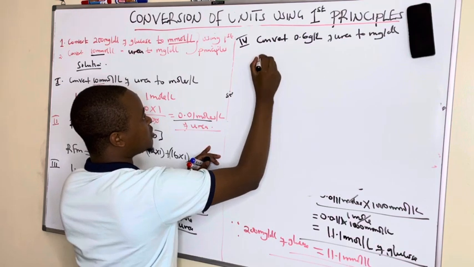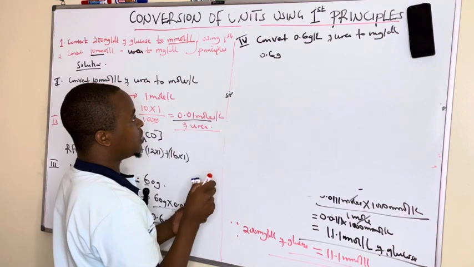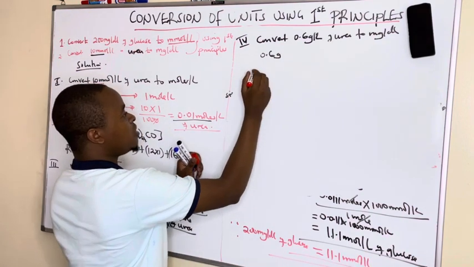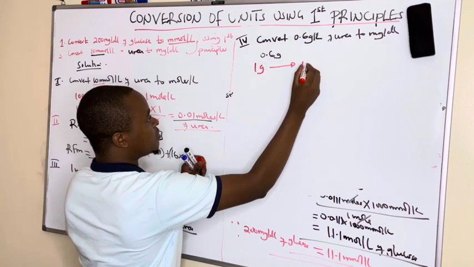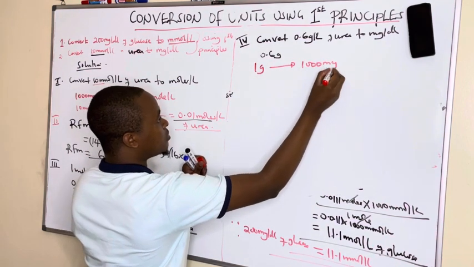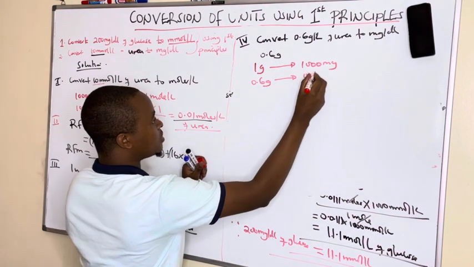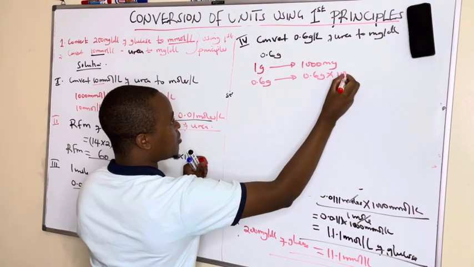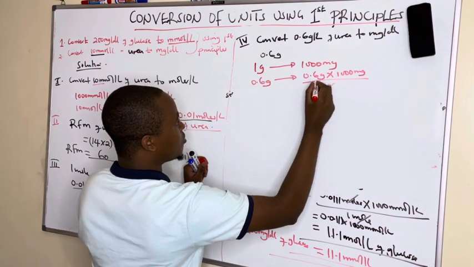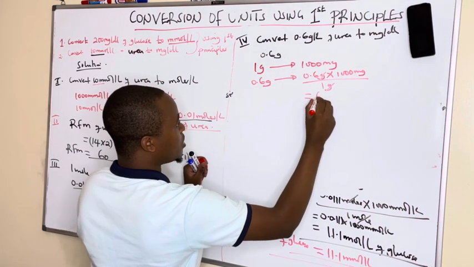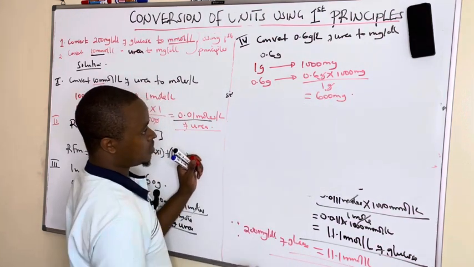We first convert 0.6 grams, and since we have grams, we begin with grams, and 1 gram is equivalent to 1,000 milligrams. What about 0.6 grams? It will be equivalent to 0.6 times 1,000 milligrams. You divide by 1 gram, gram goes with gram, and you remain with 600 milligrams.